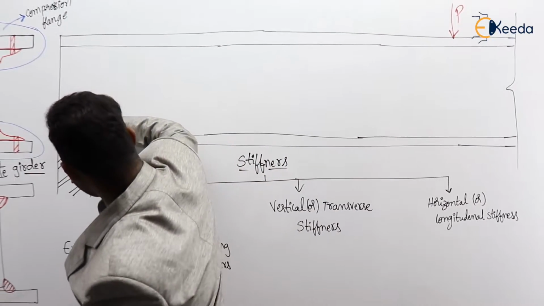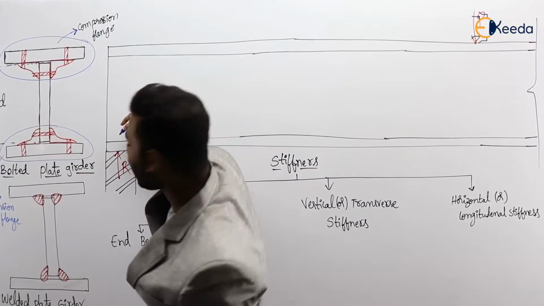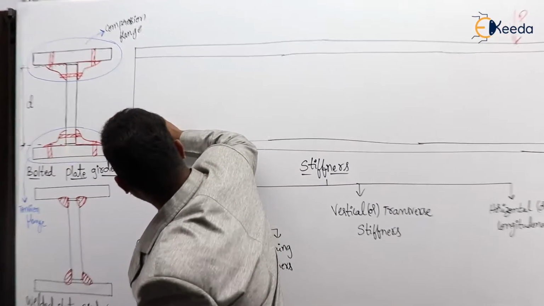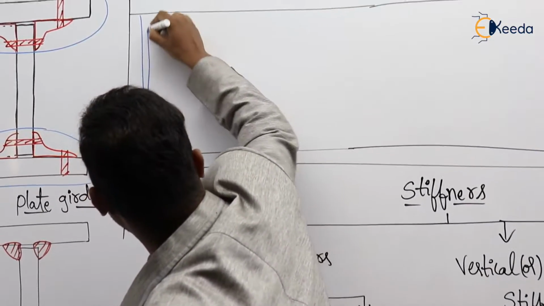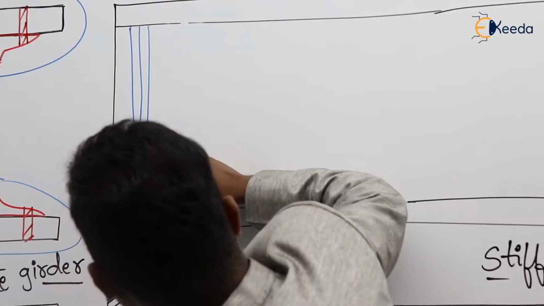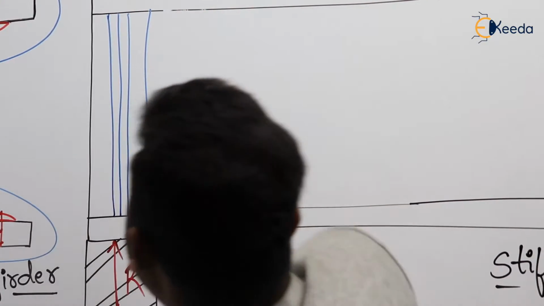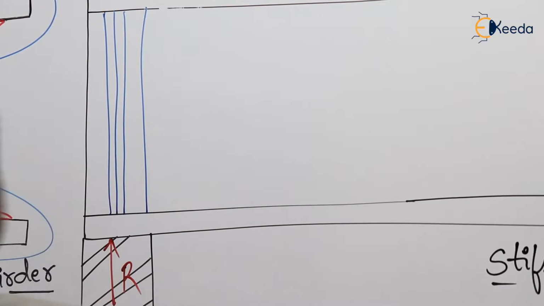So we are going to provide stiffeners, two angles back to back. This is one angle and this is one more angle. So these are the bearing stiffeners, two angles connected back to back.